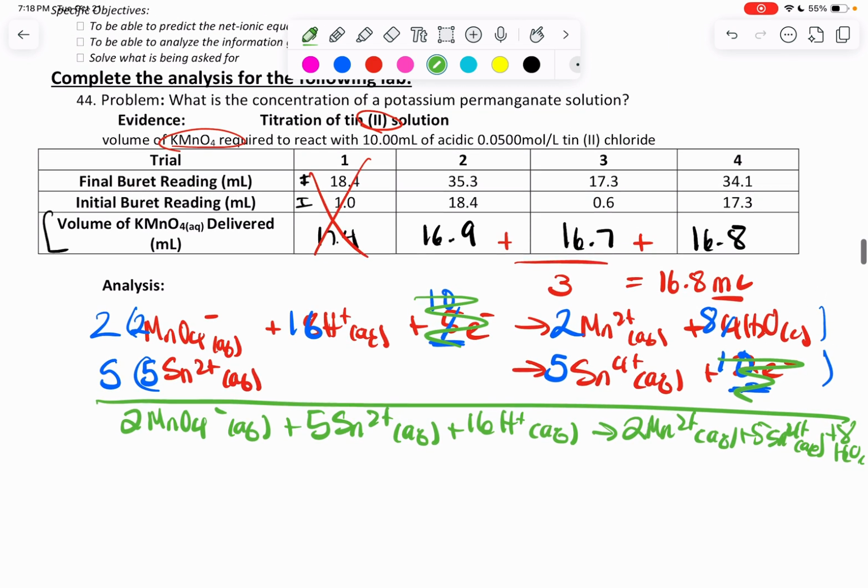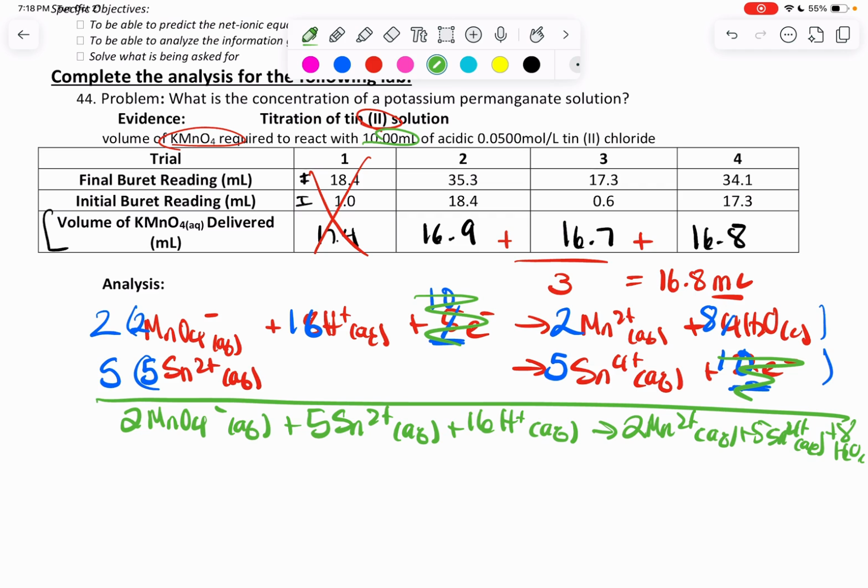I know that we used a 10 milliliter volume, so 10.0 milliliters of Sn²⁺ times 1 liter over 1,000 milliliters. That should cancel that out.